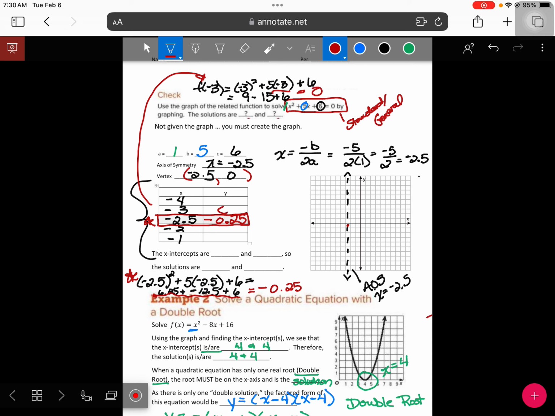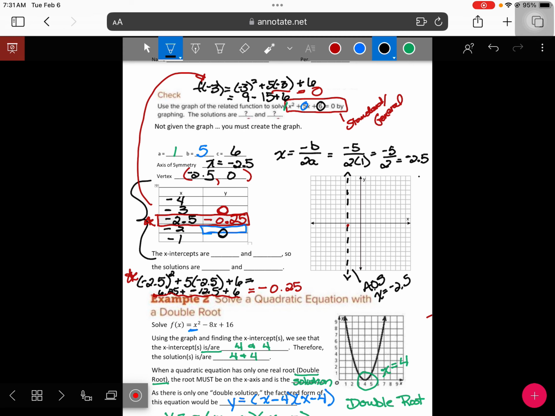That's for negative 3. So this should be a 0. If this is a parabola, what should the y-coordinate of negative 2 be? What should this be right here in this box? That should also be a 0 because it's a parabola.